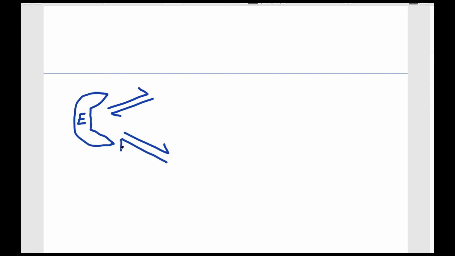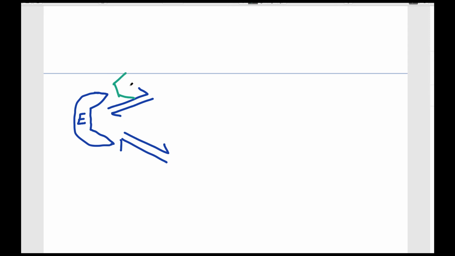Let me give the diagrammatic representation. I'll draw the enzyme molecule. This is the enzyme. I will explain how it forms the complex with the substrate and how it forms the complex with the inhibitor. Let me first take up the substrate.